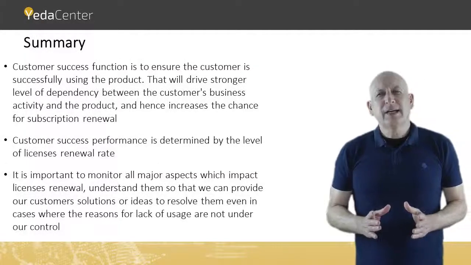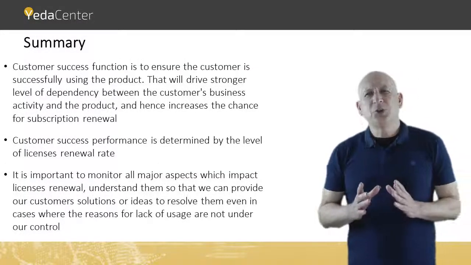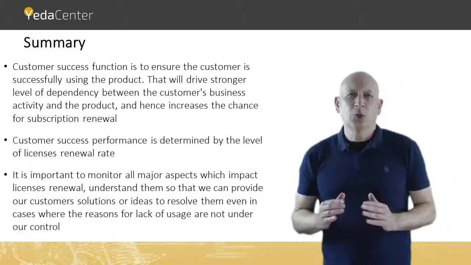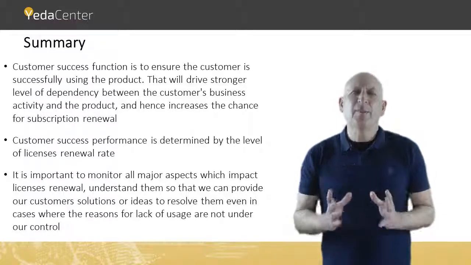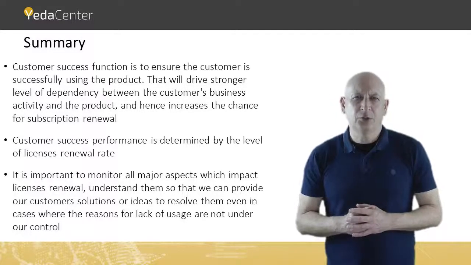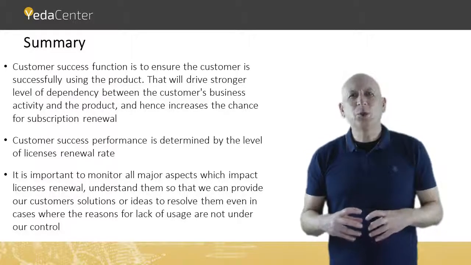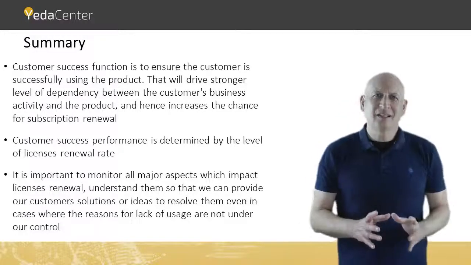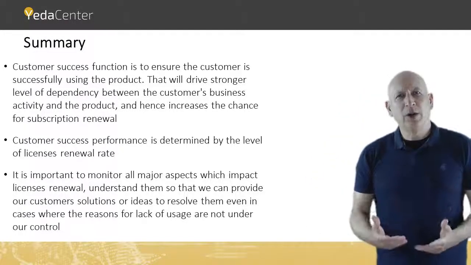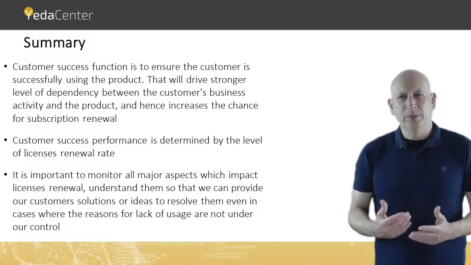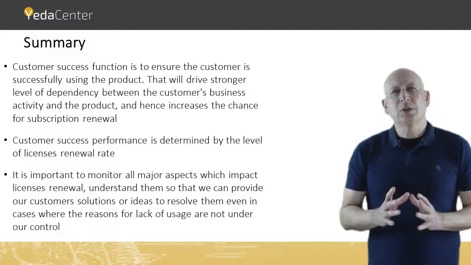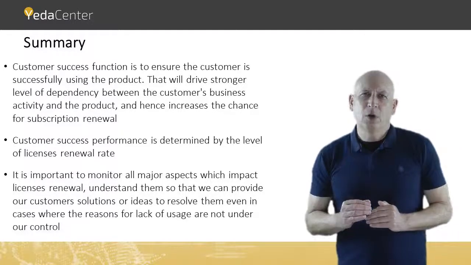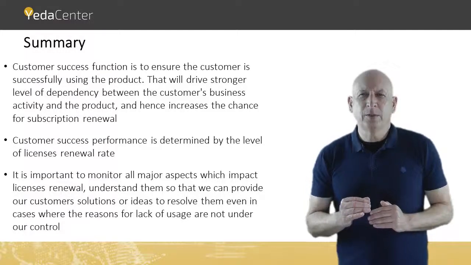So in summary, the customer success function is to ensure the customer is successfully using the product to a level which is within the boundaries that we predict it should be. And this will increase the dependency between our solution and the customer's business, which will drive the license renewal. The customer success function can be measured, and should be measured, by the level of subscription renewal rate.